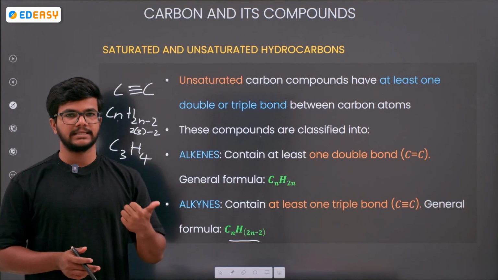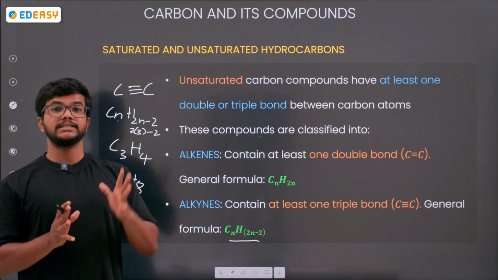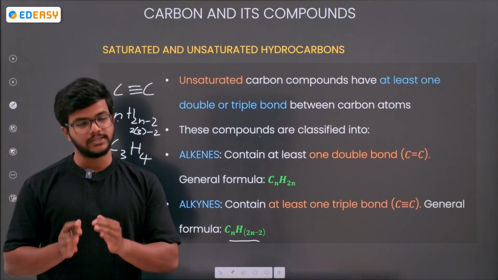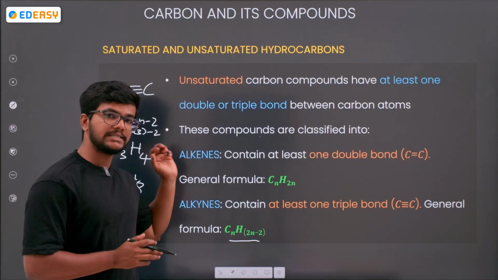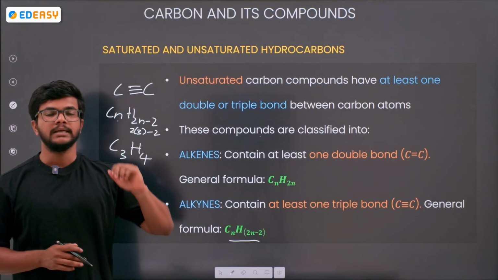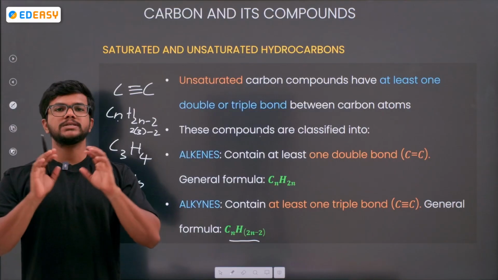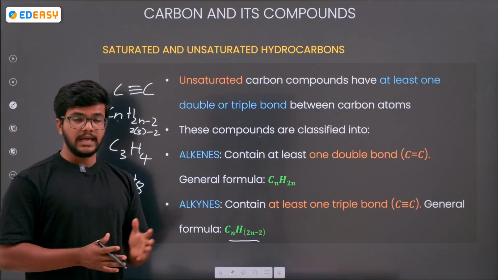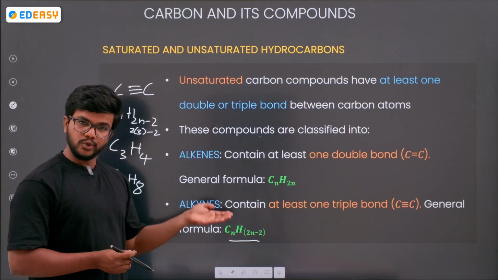Saturated hydrocarbons have single bonds between the carbons, and the general formula is CnH2n plus 2. Unsaturated hydrocarbons are carbon-carbon double bonds or carbon-carbon triple bonds, and they are classified into two types.